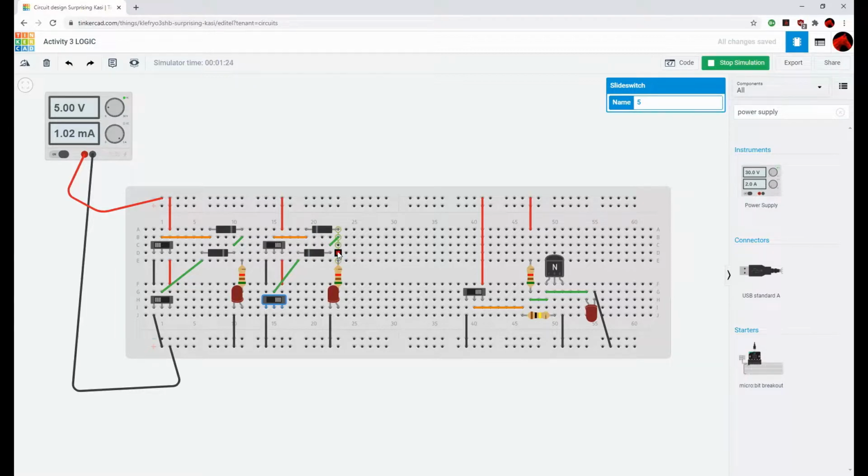The AND gate resistor is also tied to 5 volts. Low and low is low, high and high is high, either one being low is low. Sweet, that works.